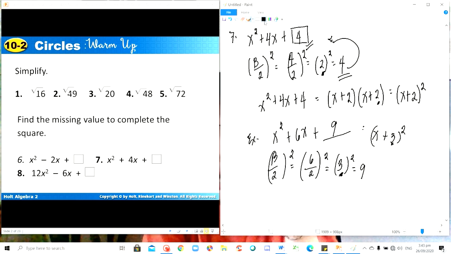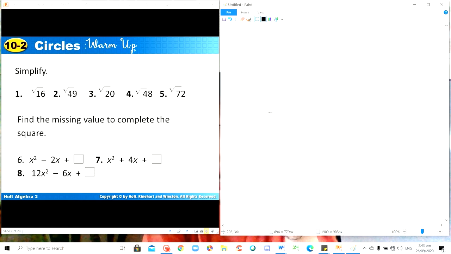Now, number 8 is somewhat different from the first two examples because, as you can see, there is already a number before x squared. Now take note.